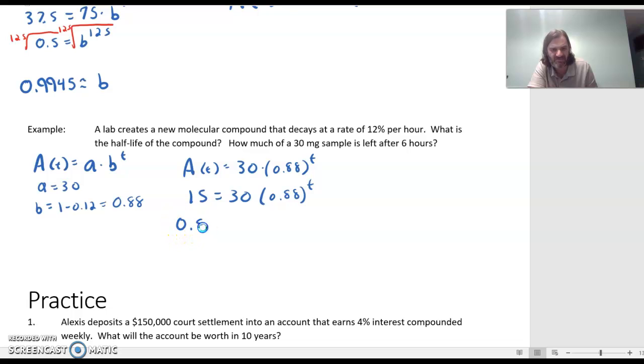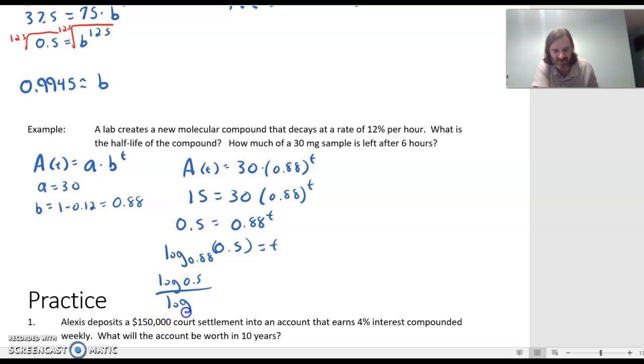So now we have 1/2 equals 0.88 raised to the t, and this time we are looking for an exponent. So we can change it to a logarithm. So log base 0.88 of 0.5 equals t, and that looks like a good change of base formula. Log of 0.5 over log of 0.88 equals t, which, let's see what that gives me.